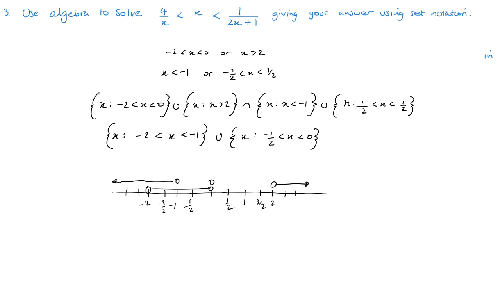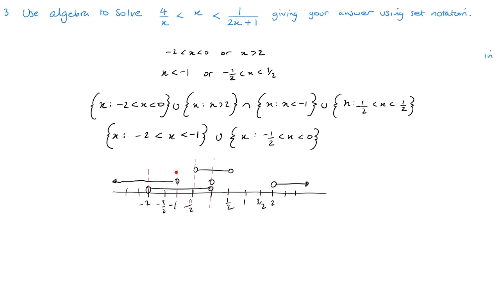And then we've got the -1/2 to the +1/2. Okay, and what you can see is the overlaps. So there is an overlap here, which is what gives me this inequality. And then there is an overlap here, which is what gives me this inequality.